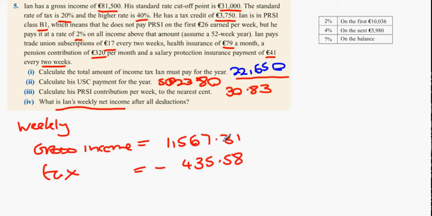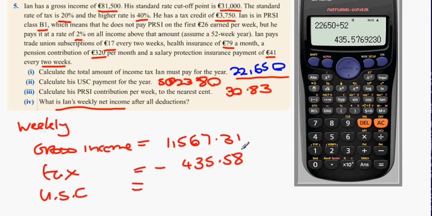Okay, now that's tax done. Now we have USC. The universal social charge is 5,023, but once again divided over 52 weeks, and what we get here is 96.61.